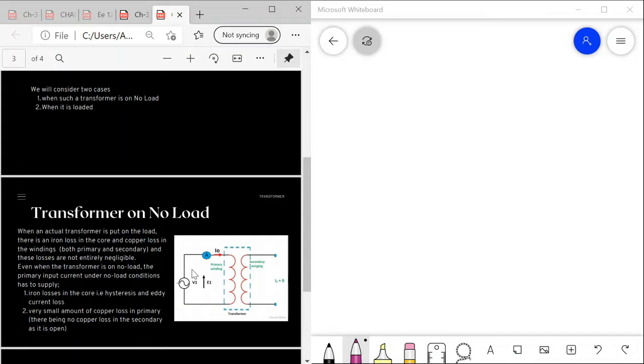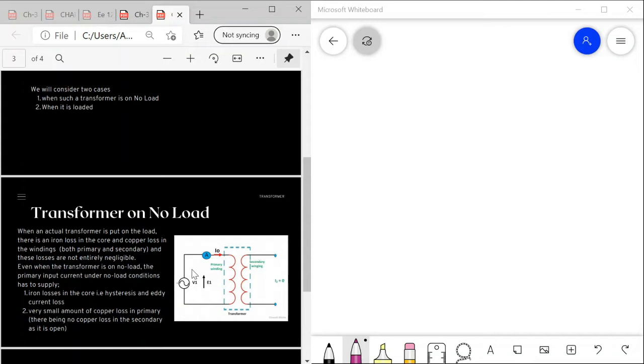If the total current supplied from the source is I0, or the no load current, it will have one component in phase with the supply voltage V1, and this component of the current is Ic, or the core loss component. This component is taken in phase with the source voltage because it is associated with active or working losses of the transformer.